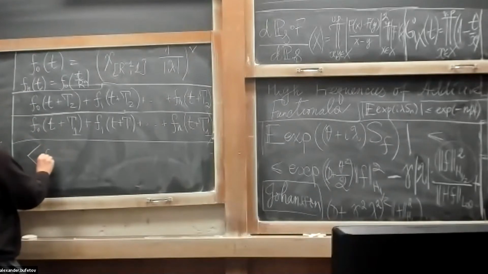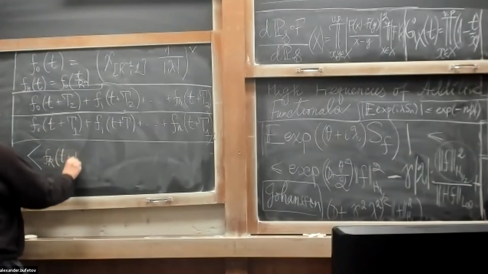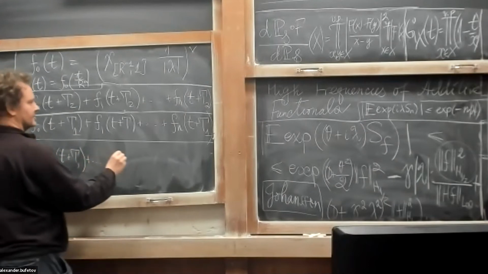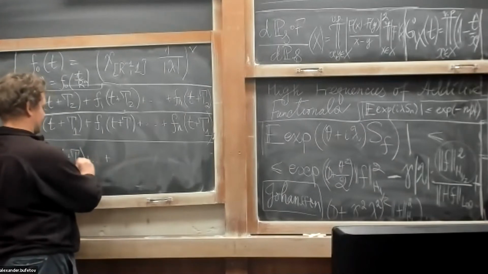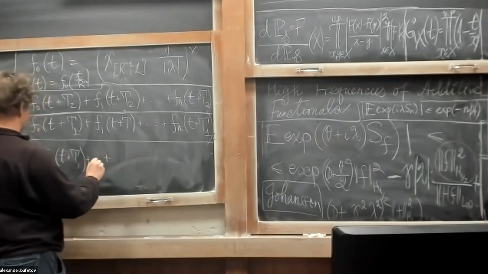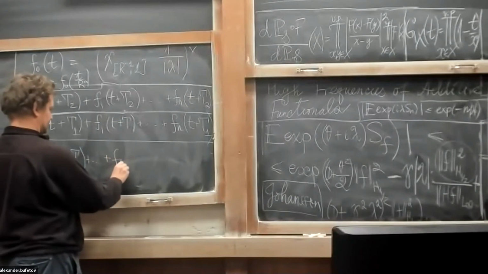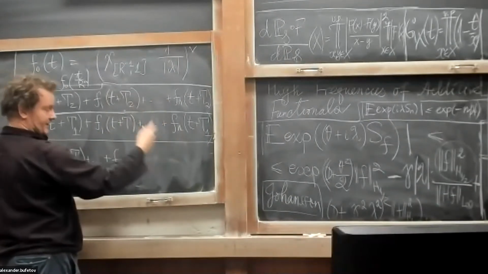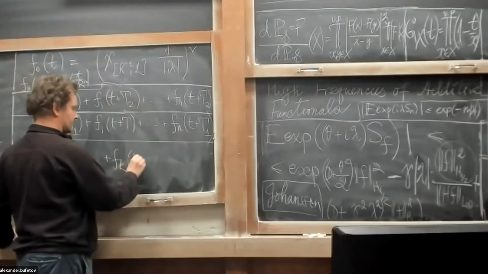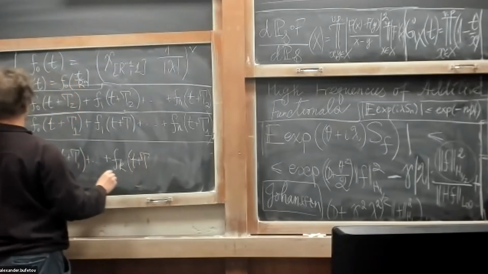So fk of t plus t1, and so on. Excuse me, f0 plus f0 plus fk. For different indices, they're independent because frequencies are disjoint. Actually, let me write just here.